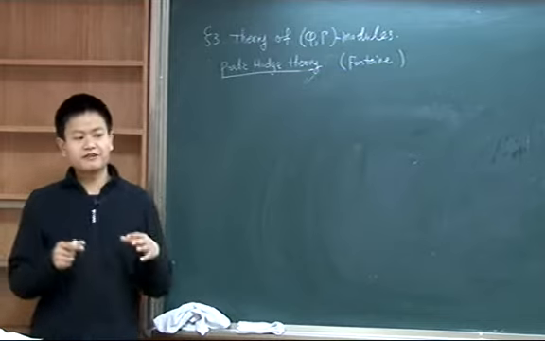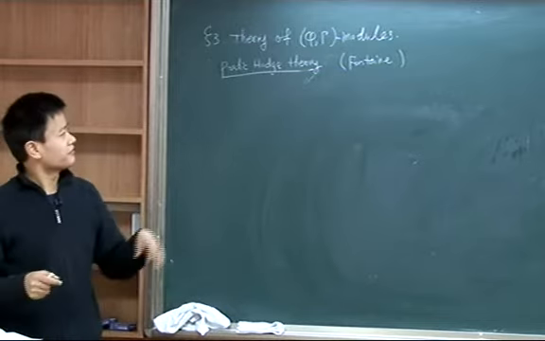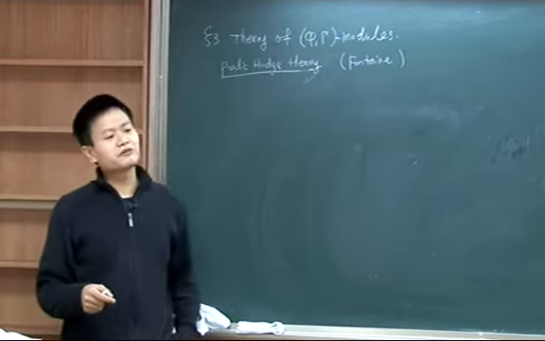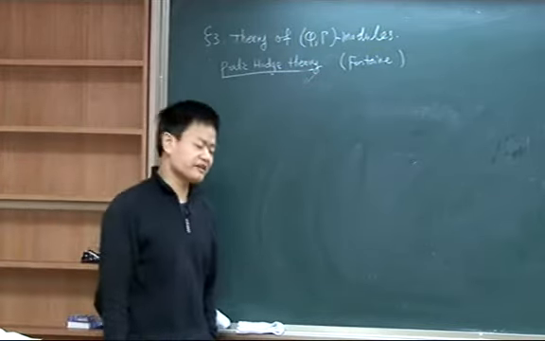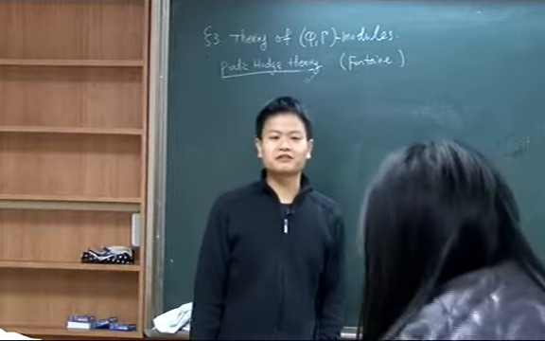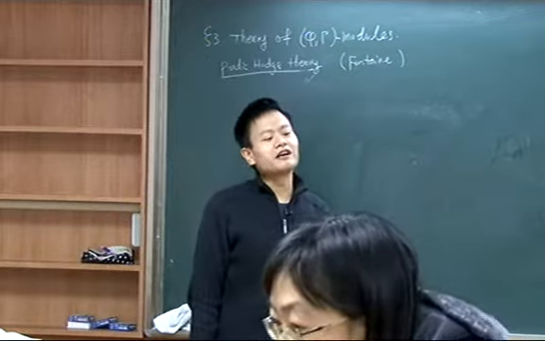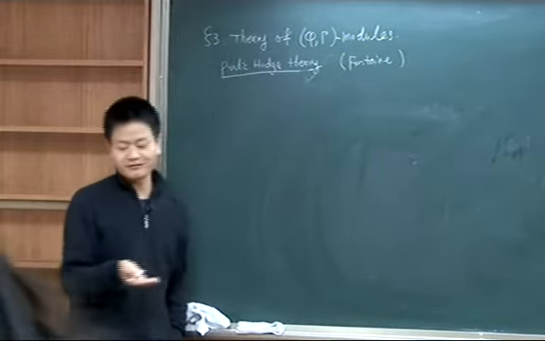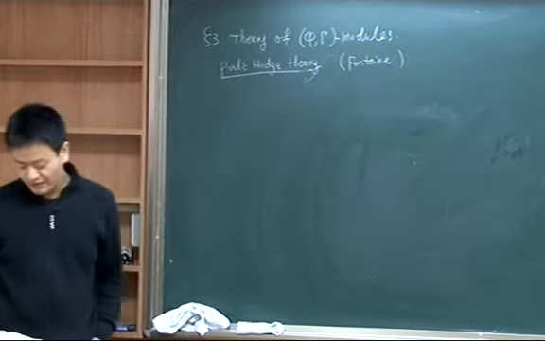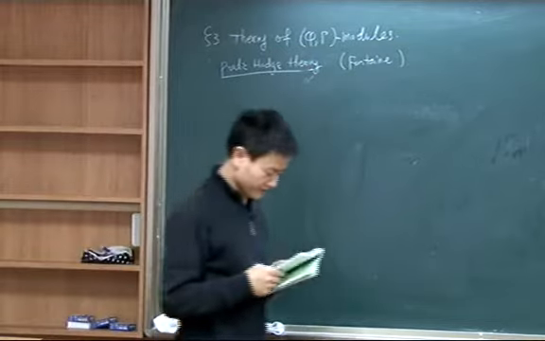That's the very beginning, and then Fontaine founded all kinds of rings. Here I will not talk about B_dR or B_cris or other rings, but these very beginning ones, and then this phi-gamma module theory.